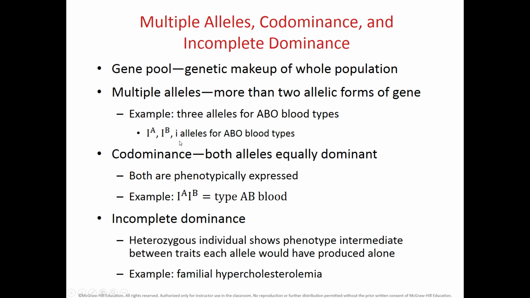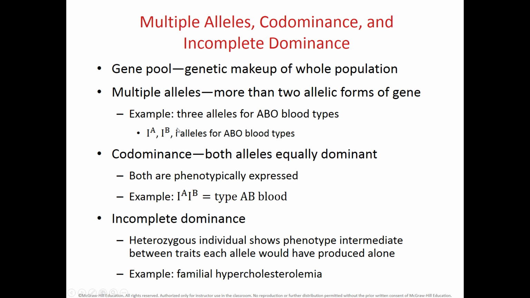But the person can also have these lowercase i alleles, which are basically non-dominant because they are recessive. And then in this case, the person has the possibility of having a different blood type.